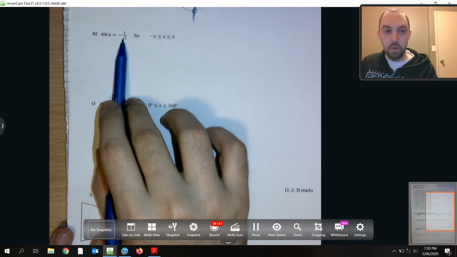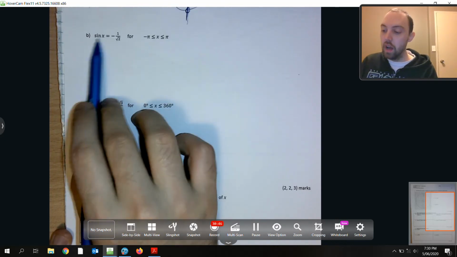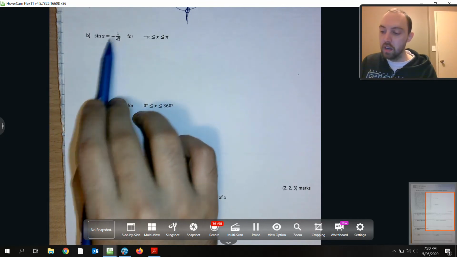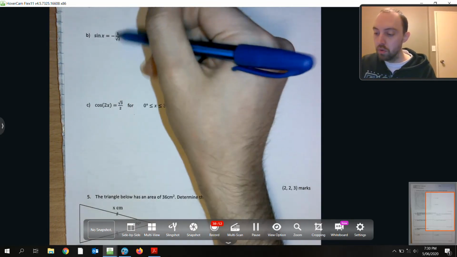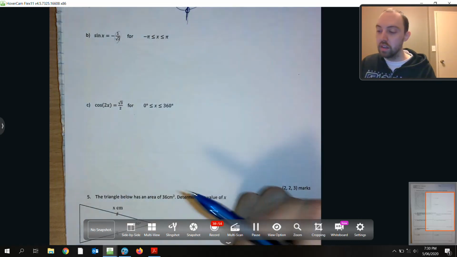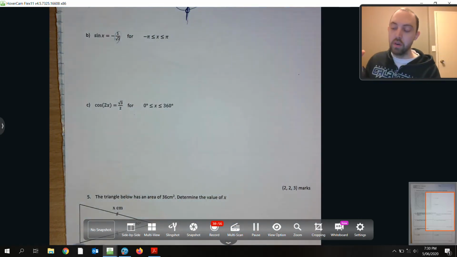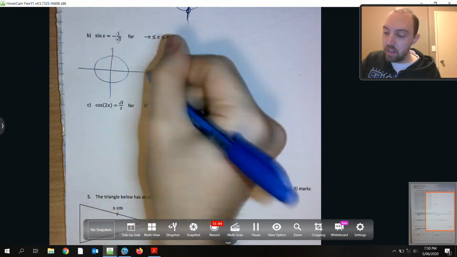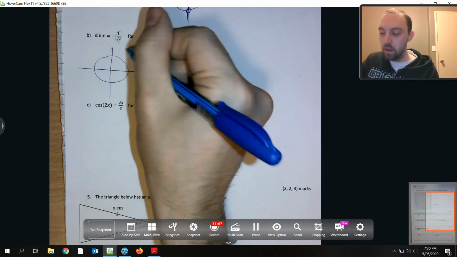Similar idea for this part, we're looking for angles where sine of x is equal to negative 1 on root 2. 1 on root 2 should be one of the exact values that we are aware of. So we're trying to pair 1 on root 2 with an angle. But we're also thinking about where sine is negative.